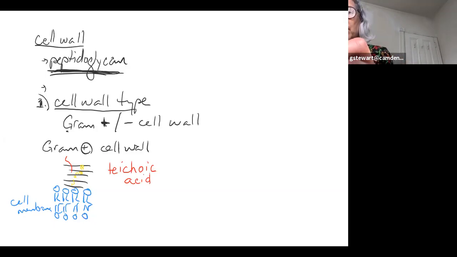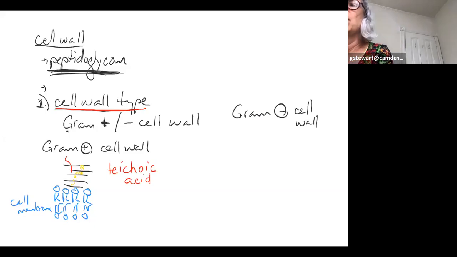The other major cell wall type in the gram-positive, gram-negative cell wall type is the gram-negative cell wall. And that gram-negative cell wall is different, right?